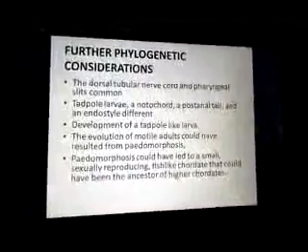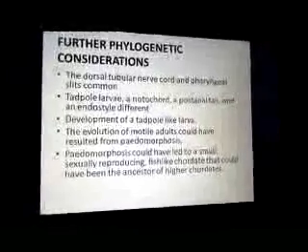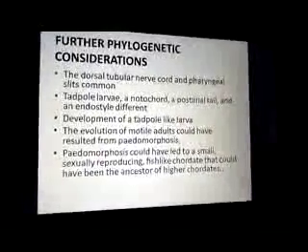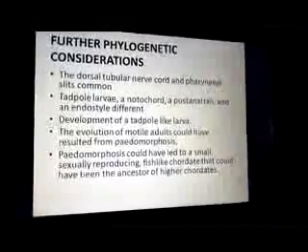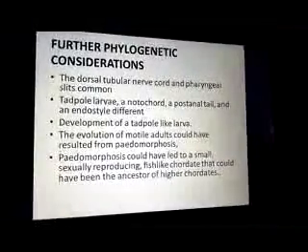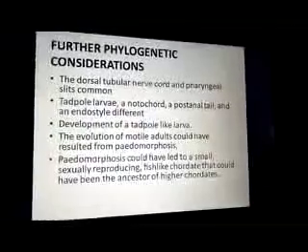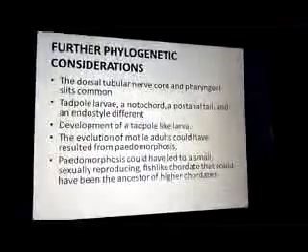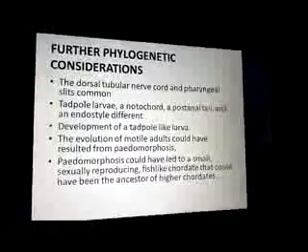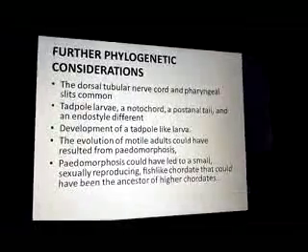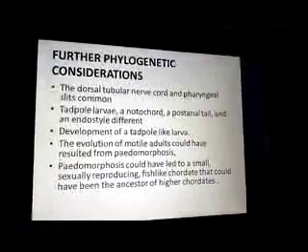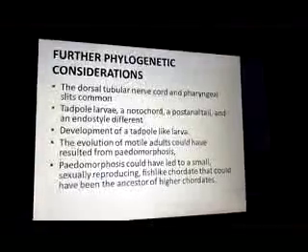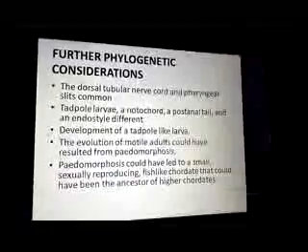Further phylogenetic considerations. Phylum Chordata has some unique characteristics, and some characteristics of phylum Chordata resemble the phylum Hemichordata. Dorsal tubular nerve cord and pharyngeal slits are the two characteristics which resemble phylum Hemichordata.